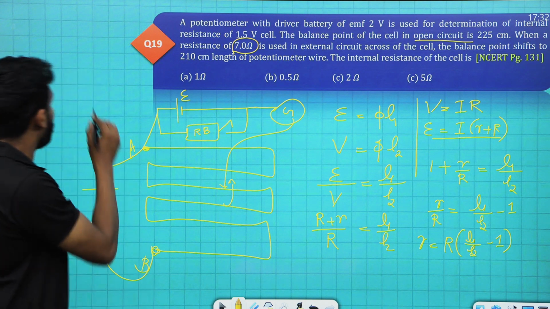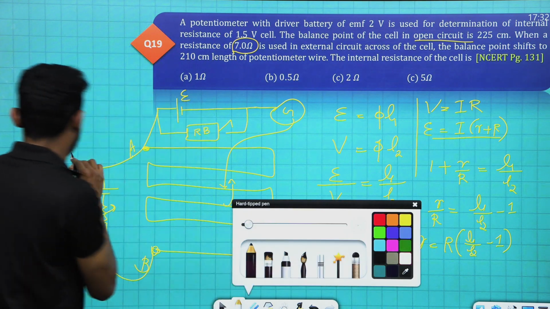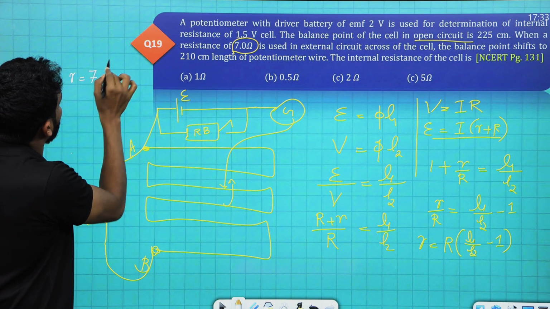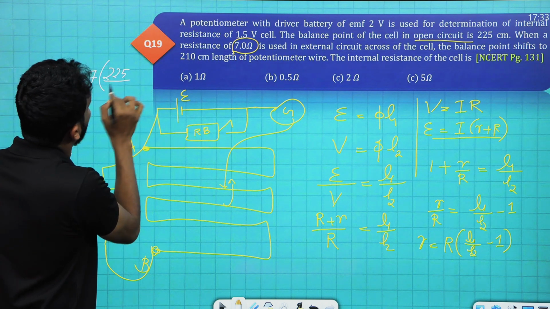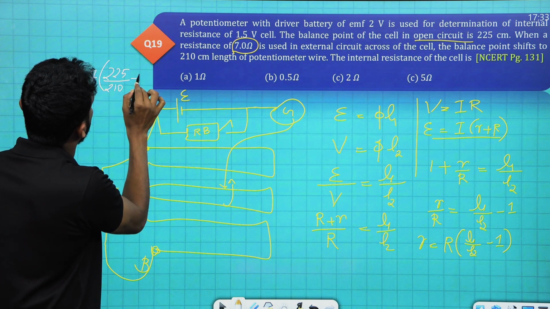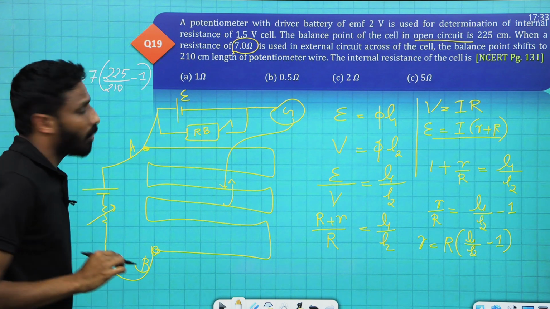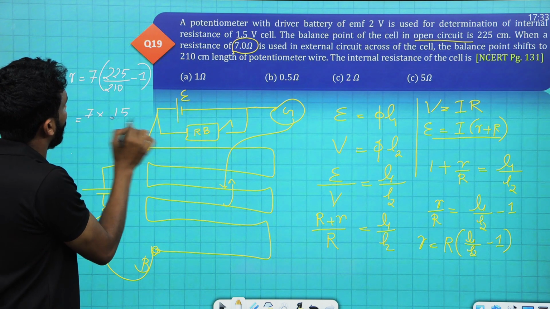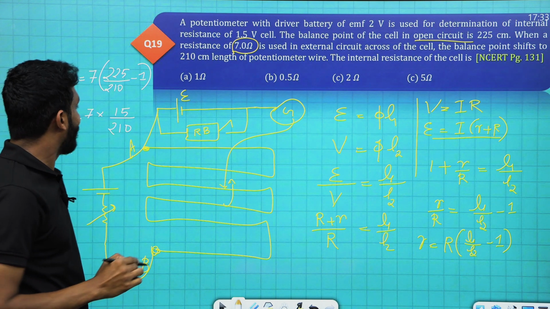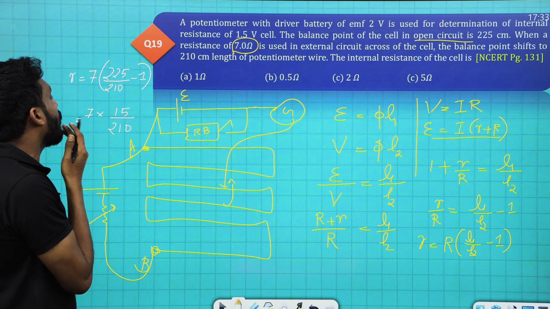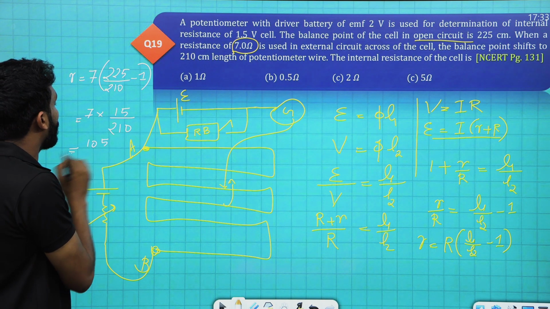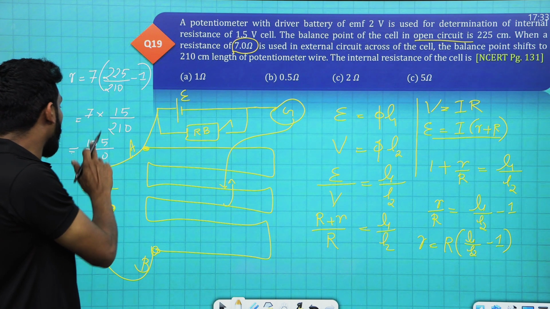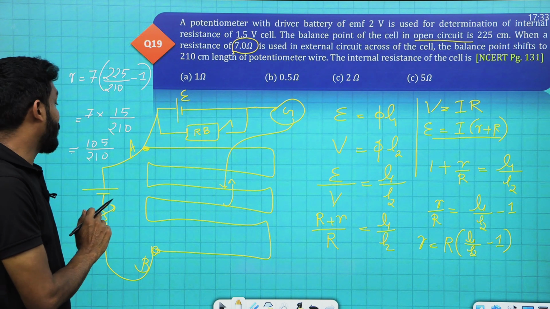Here r is equal to R, which is 7, into (L1 225 by L2 210 minus 1). 225 minus 210 is 15, divided by 210. 7 into 15 is 105, divided by 210. 105 divided by 210 is 1 by 2, that is 0.5.